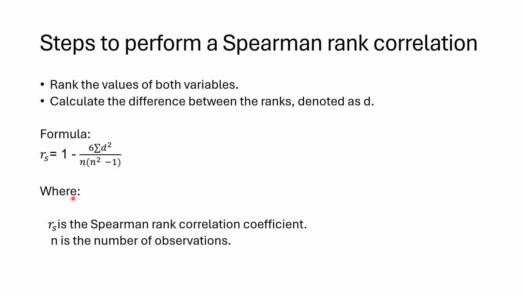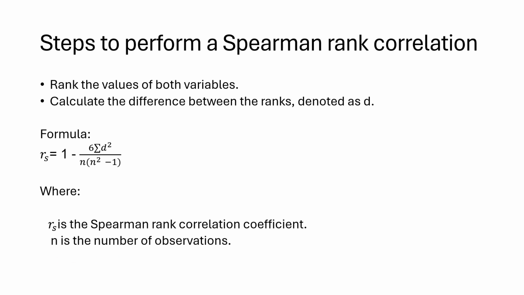Here r subscript s means Spearman rank correlation coefficient. Please remember, don't write r, because r means Pearson, and the formulas are quite different. I think Spearman correlation is quite easier in comparison with Pearson correlation.